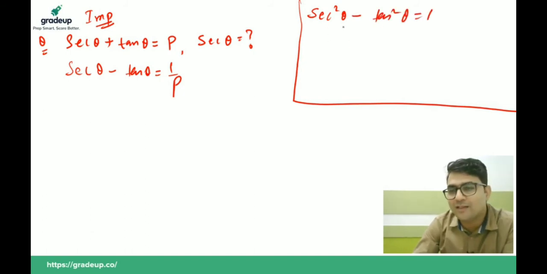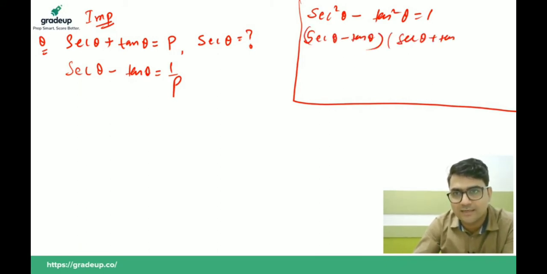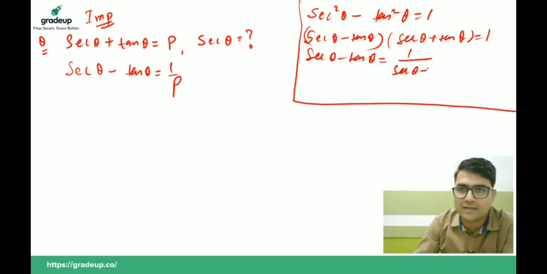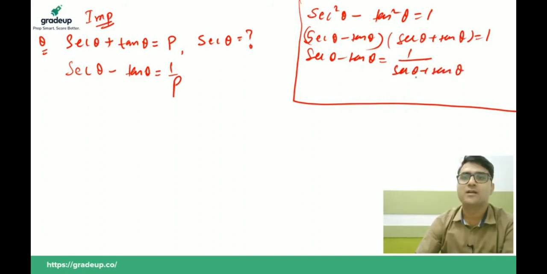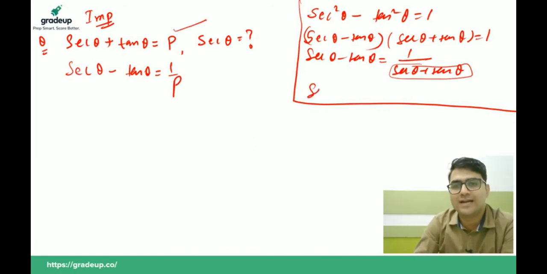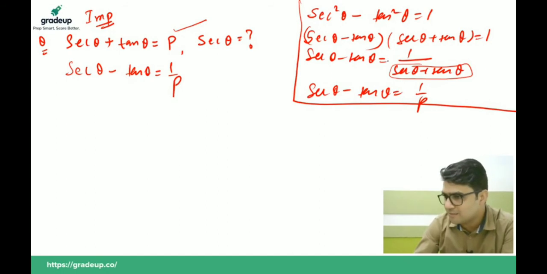Then by applying the formula a square minus b square, you will have sec theta minus tan theta times sec theta plus tan theta equal to 1. So sec theta minus tan theta will be equal to 1 upon sec theta plus tan theta. All right. Here we have P. So sec theta minus tan theta will be equal to 1 by P. So you need not explain this. Whenever you are getting sec theta plus tan theta equal to P, you can simply write sec theta minus tan theta equal to 1 by P.